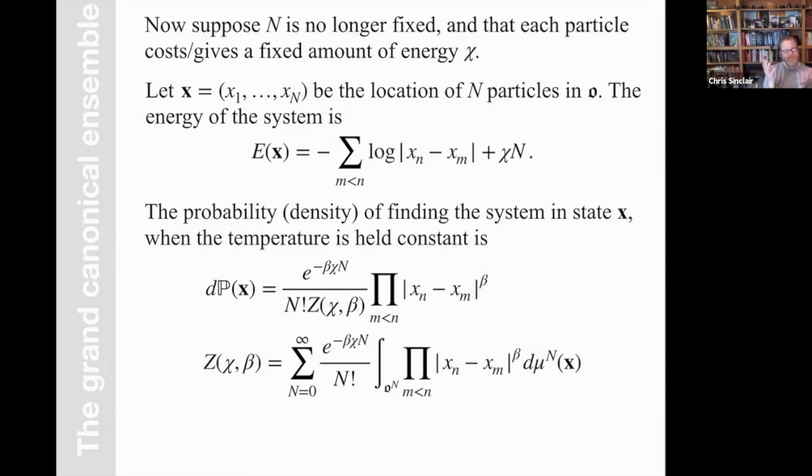And so the states can be broken up in terms of the number of particles in the system. And so the partition function becomes a sum over pieces which correspond to the number of particles in the system. And each one of those has in the summand the partition function for the canonical ensemble.